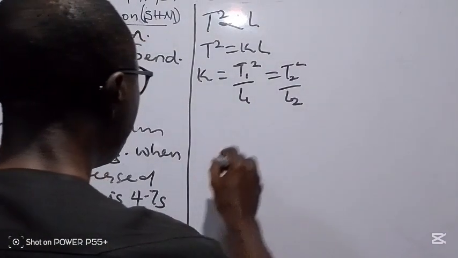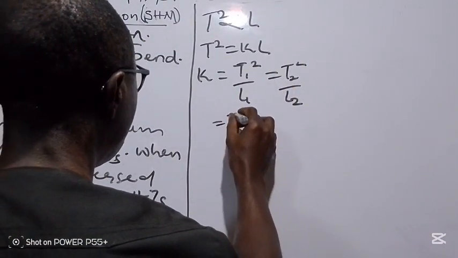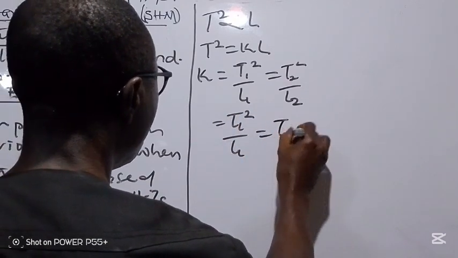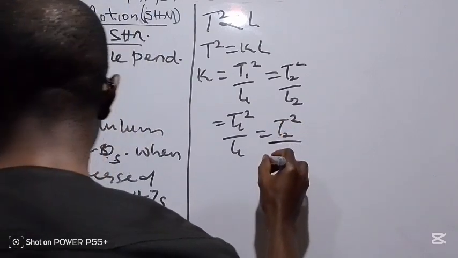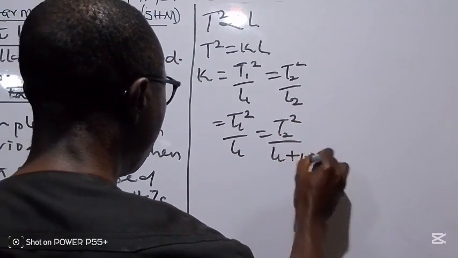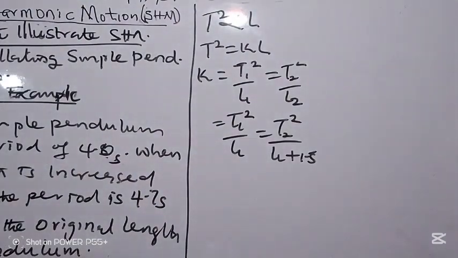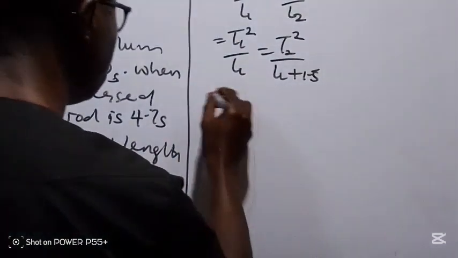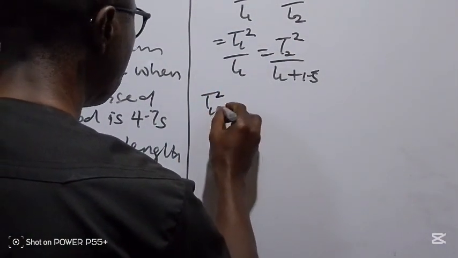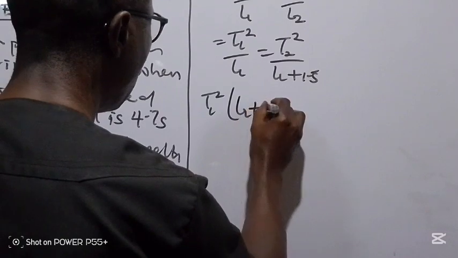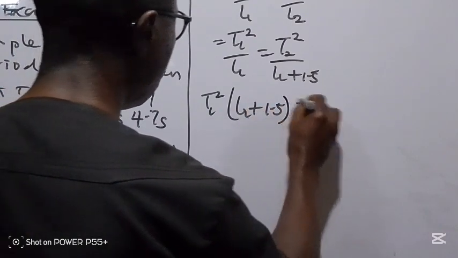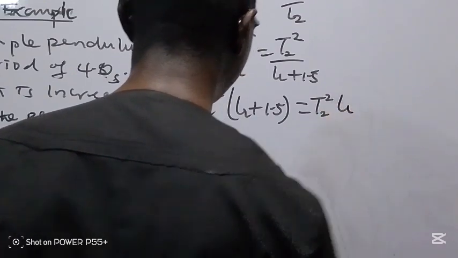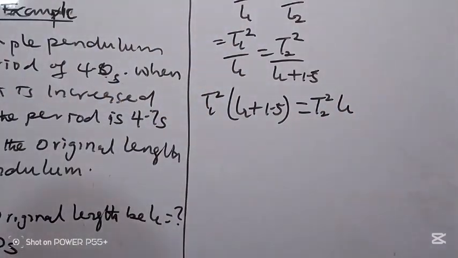So it will now give us T1 squared over L1 is equal to T2 squared over L1 plus 1.5. By cross multiplying, we are going to have T1 squared into bracket L1 plus 1.5 equal to T2 squared L1. So let's substitute the values.